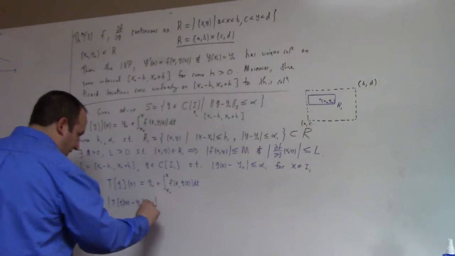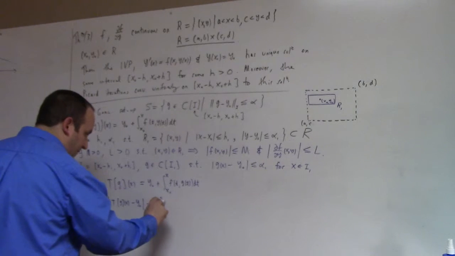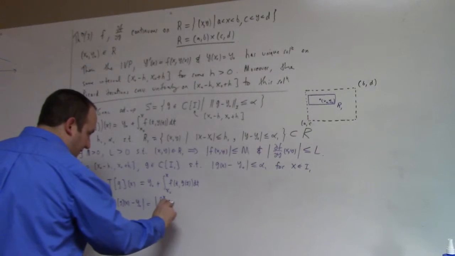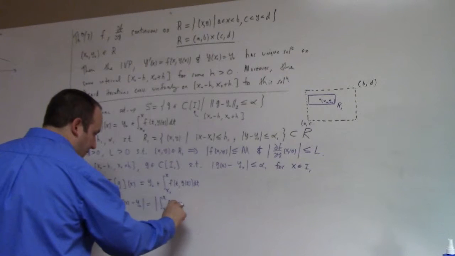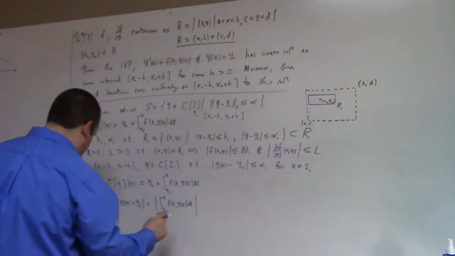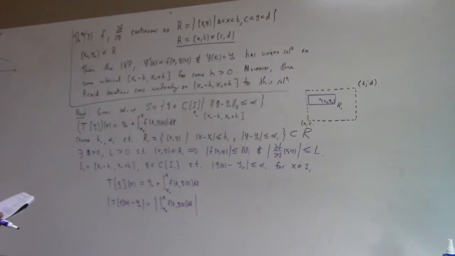Well, that's the absolute value of the integral from x naught to x of f of t, g of t dt.